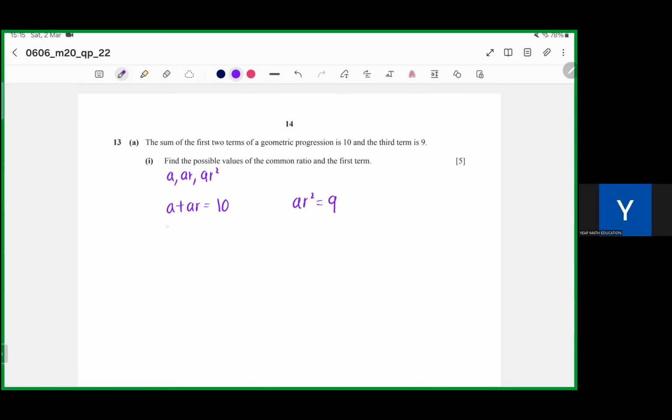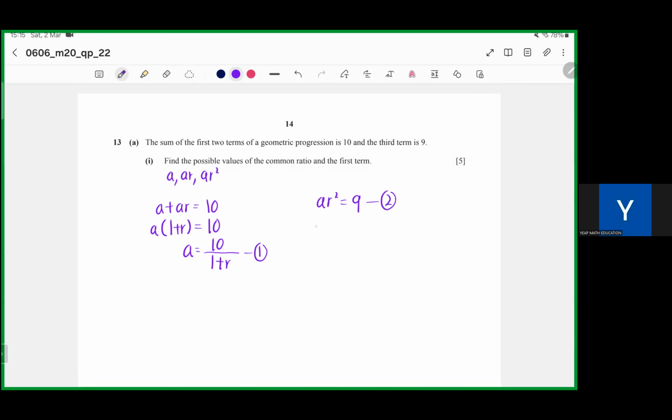Okay, now we need to solve it. So I factorize A, so A times (1 plus R) equals to 10. So A equals to 10 over 1 plus R. Okay, this is the first equation. Here is the second equation.